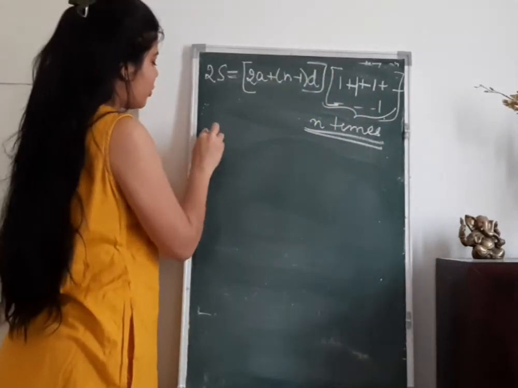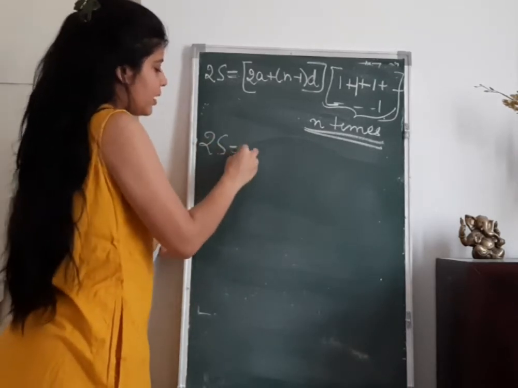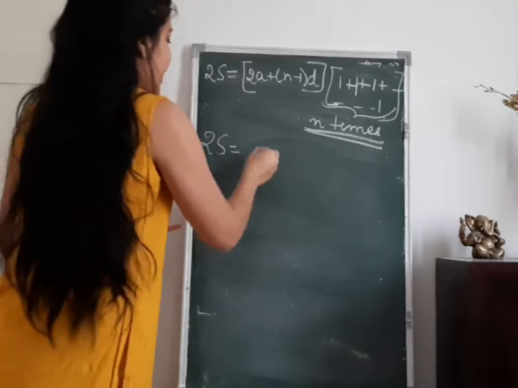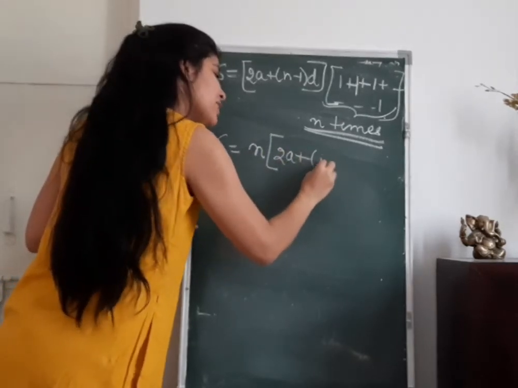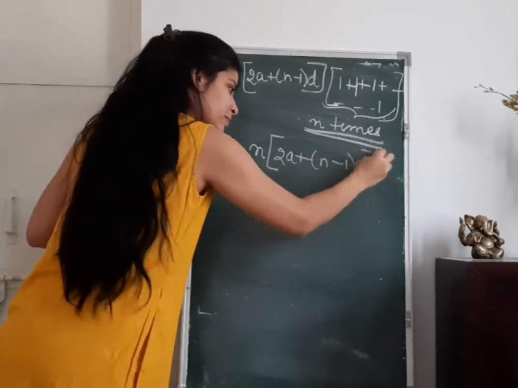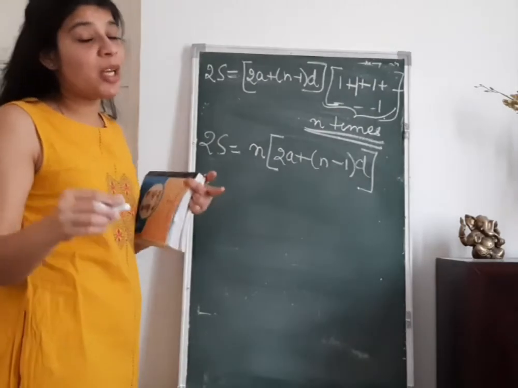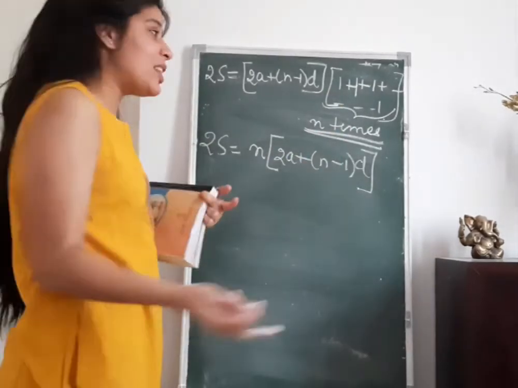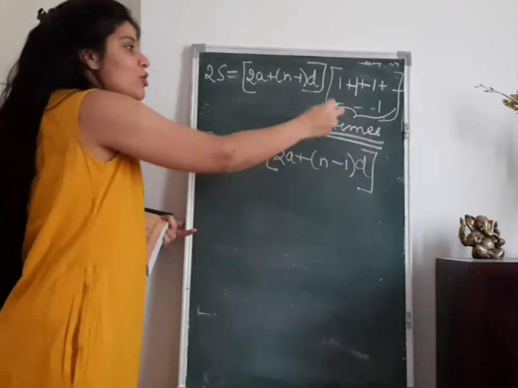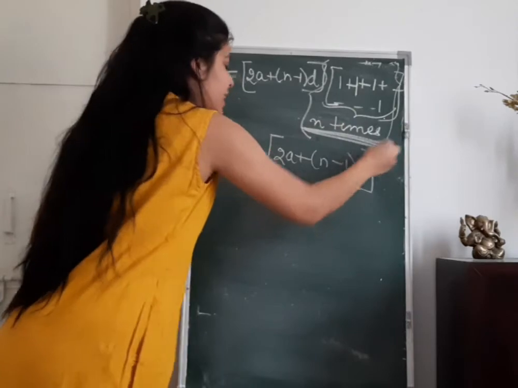So 1 will be added n times and we get n. So 2S will become equal to n into 2A plus n minus 1 into D. If 1 is added 100 times, then it will be equal to 100. If 1 is added n times, then it will be equal to n. So I hope this is clear to you how I have got n here.